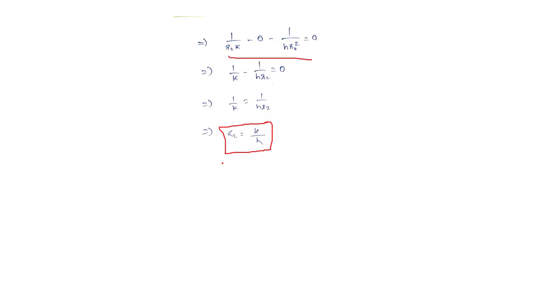For any system, our insulation radius must be k upon h. If it is larger or lesser than this, then the insulation effect may differ. Thank you.